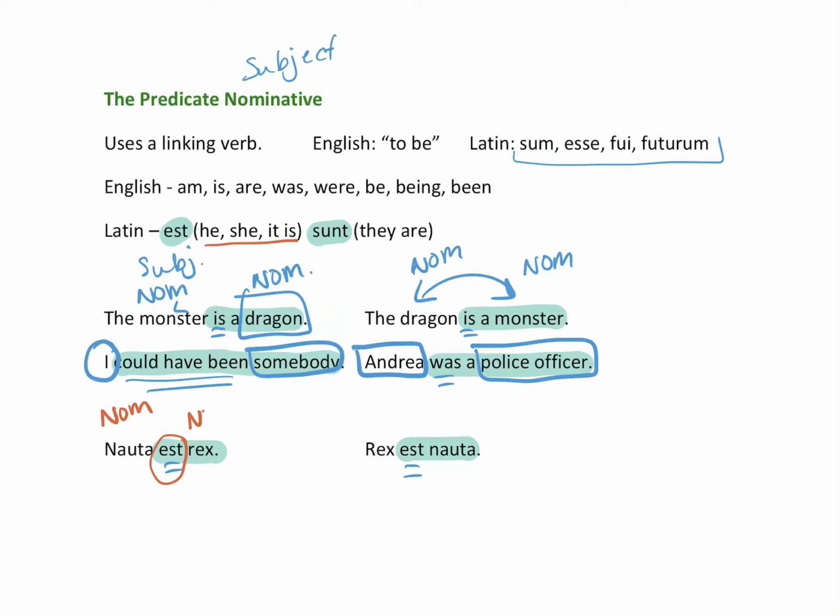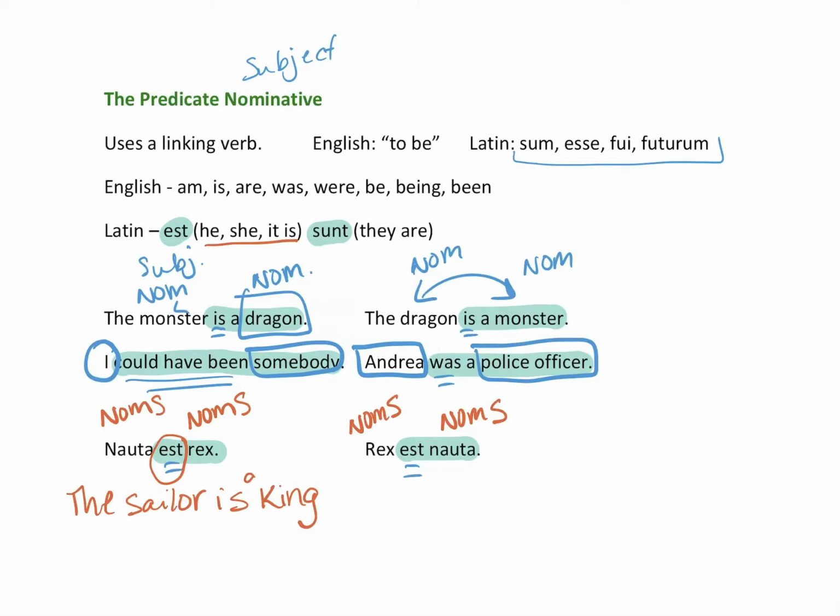And it also is a nominative. So you would label those both as nominative singular. They do have to match, both in gender, case, and number. So I could flip them, and these both are still nominative singulars. And I would say here the sailor is king.